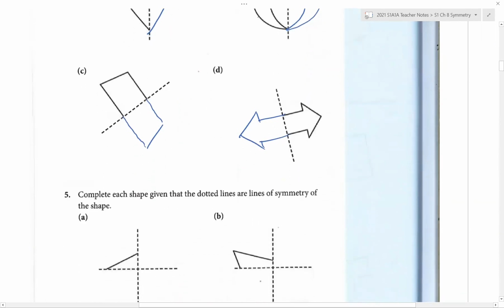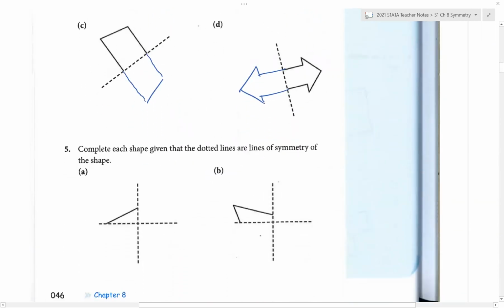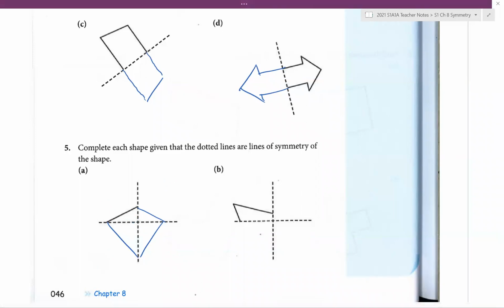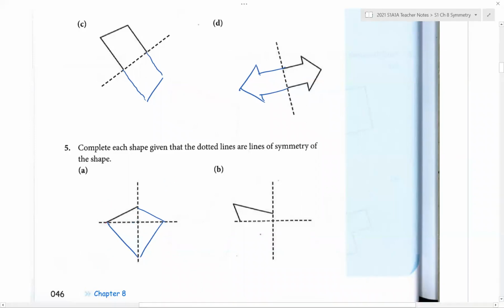So complete each shape, given that the dotted lines are lines of symmetry. Is this okay? Confirm okay? It's not wrong. The bottom is too fat. Like this. Now it is okay.